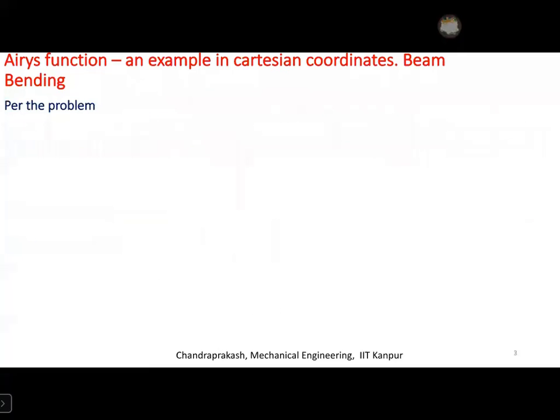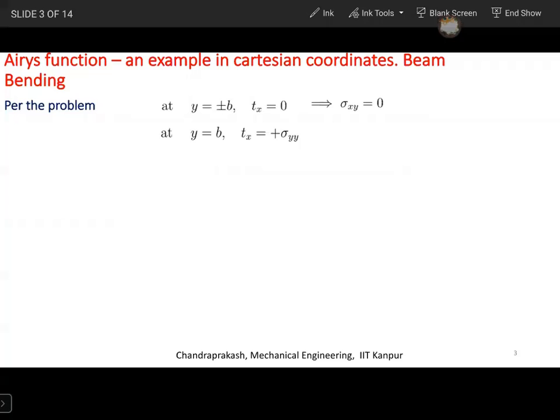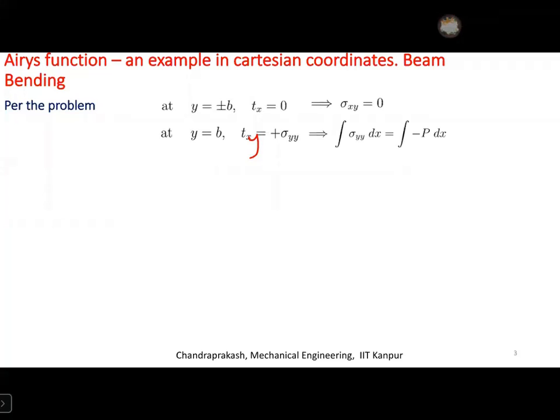And then for the problem, you assigned Tx to be 0, which means sigma xy there was 0. And at y equals b, Ty is equal to sigma yy, right? And that's how you got the stresses. And at the bottom side, Tx and Ty both are 0.